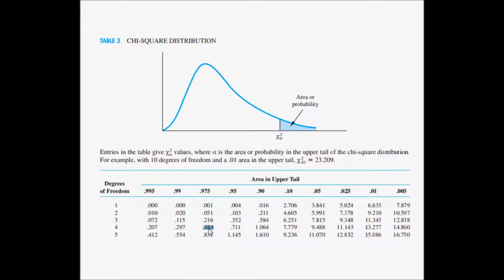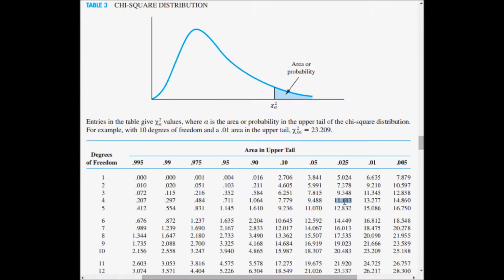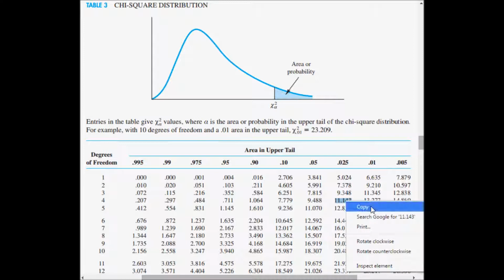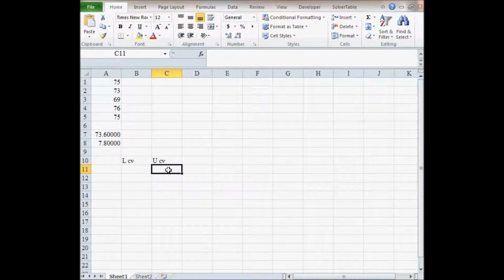So 0.484 is the value I'm going to put in the denominator of the upper value of the confidence interval. So I'm going to copy the upper critical value, and I'm going to paste it here. I'm also going to paste it in my spreadsheet.